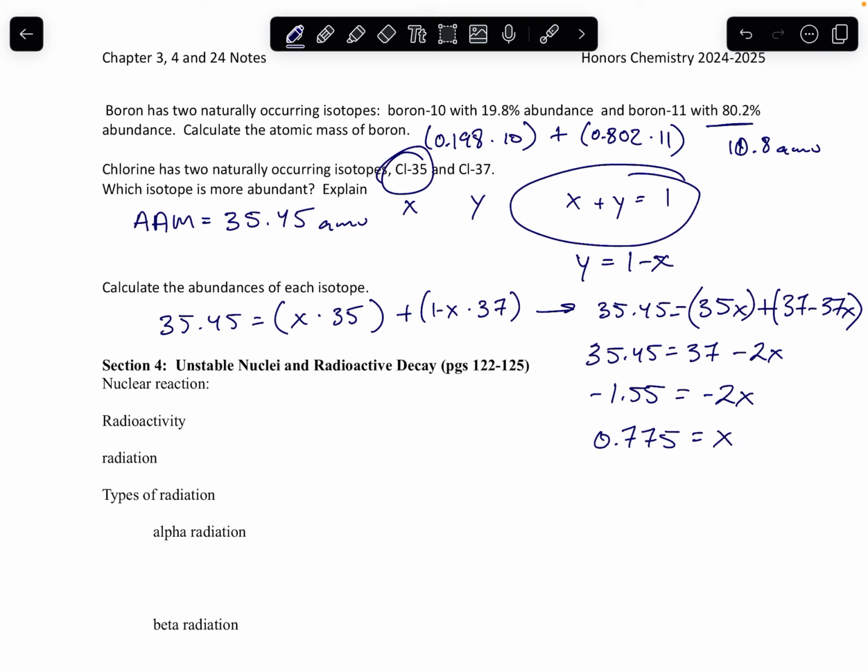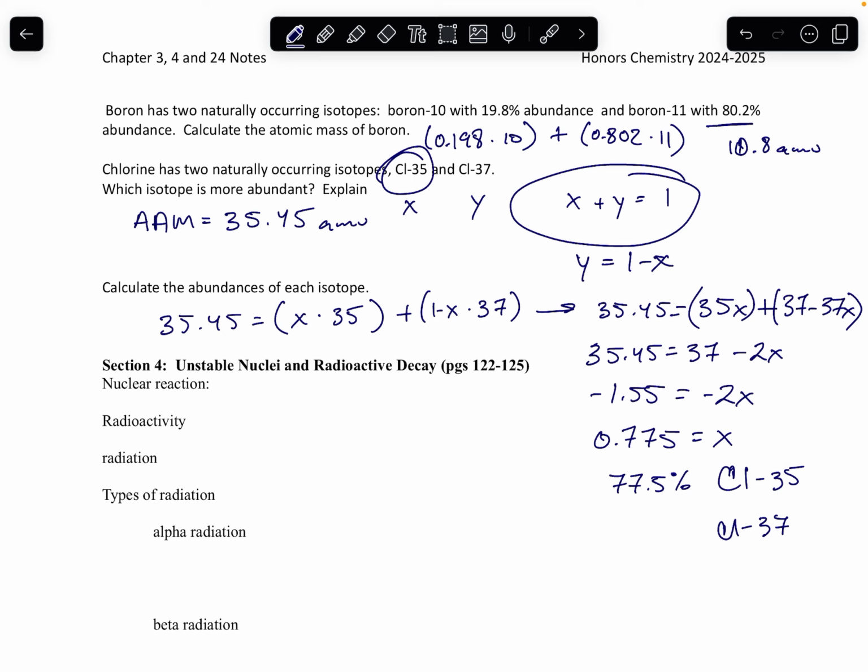Okay, so in percentage form, that means 77.5% is going to be chlorine 35. And then if I want the chlorine 37, I'm just going to take 100 minus that.